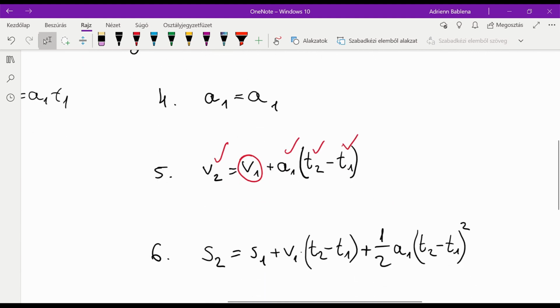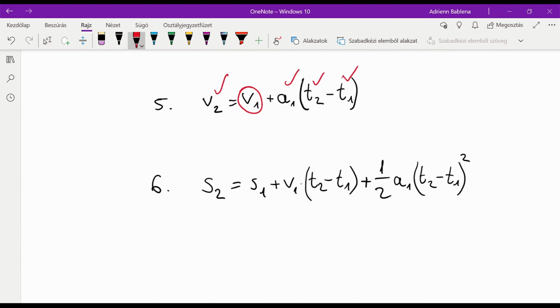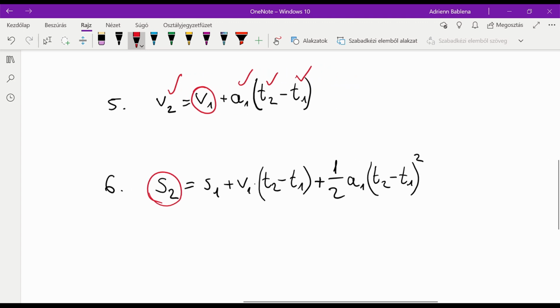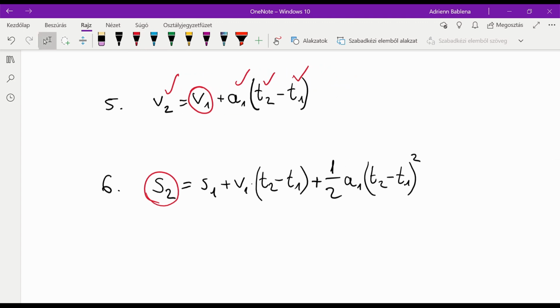Now what we know, our result should be S2, so we don't know S2 and we are looking for S2. Unfortunately we don't know S1 and we don't know V1, but we know T2, we know T1, we know A1, we know 1 over 2.